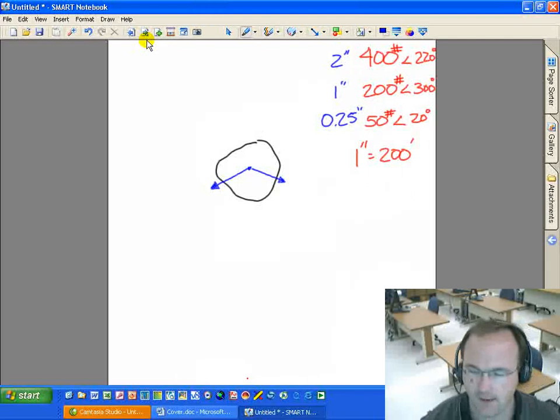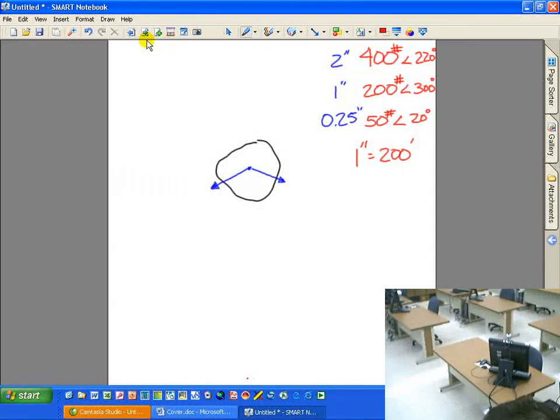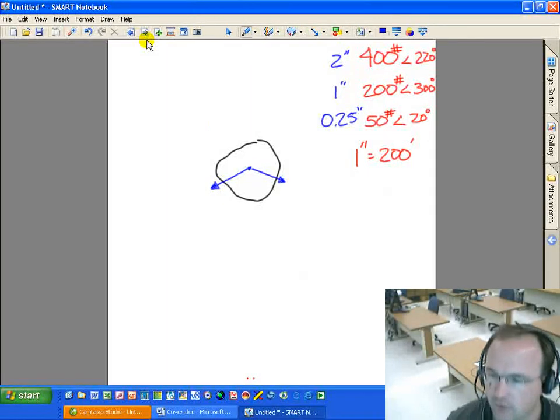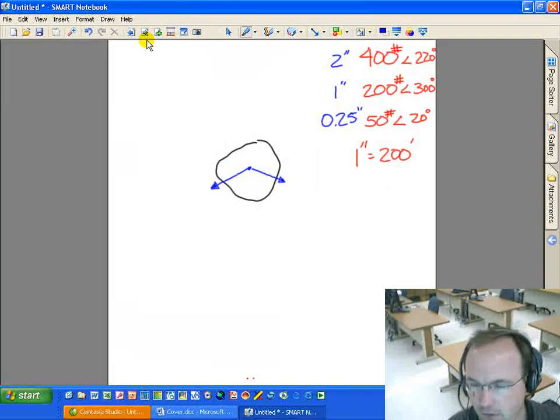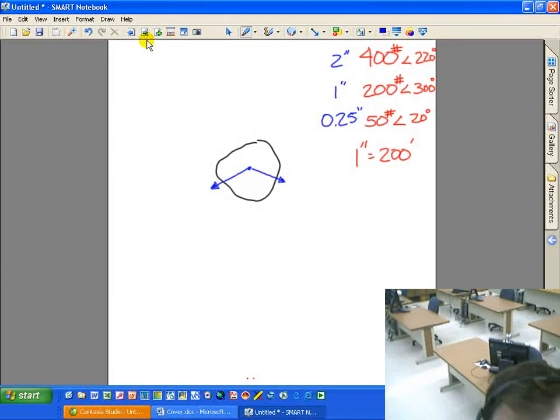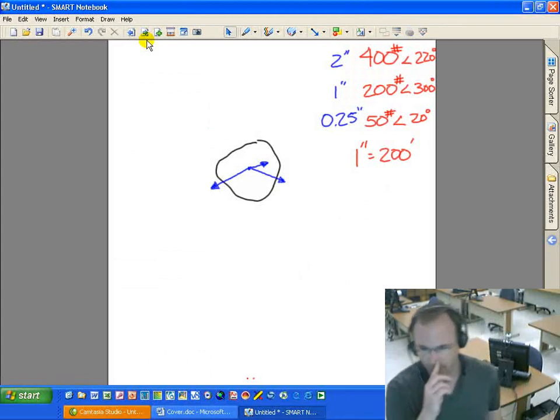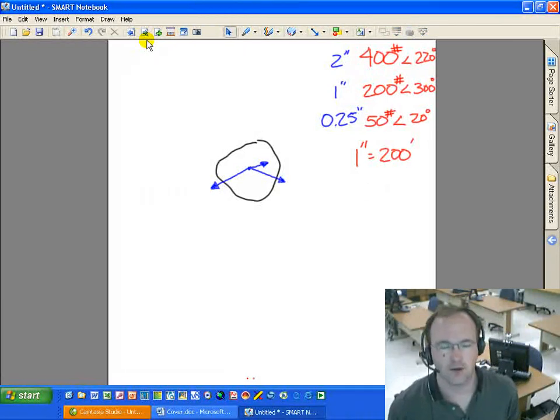And then I have a third one that is 0.25 inches long, acting at 20 degrees. So there's my three forces acting on my body at their respective angles.